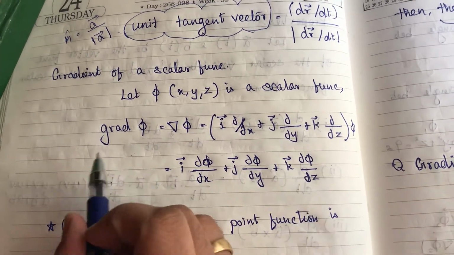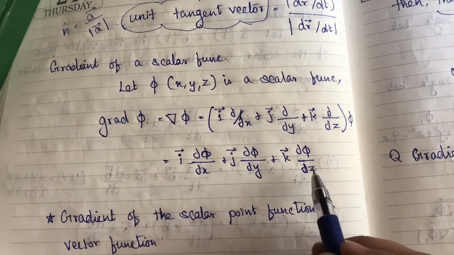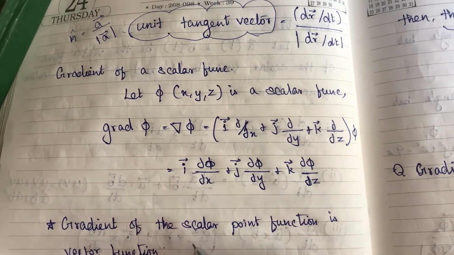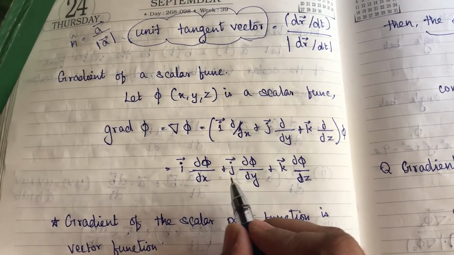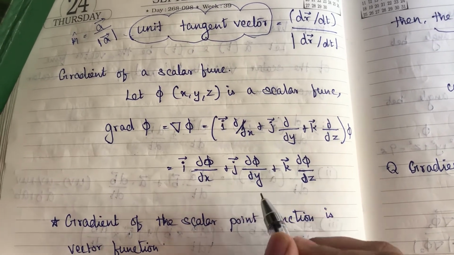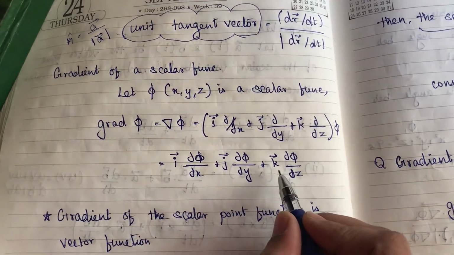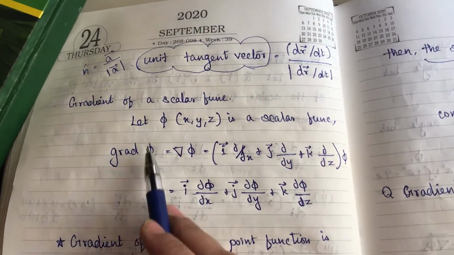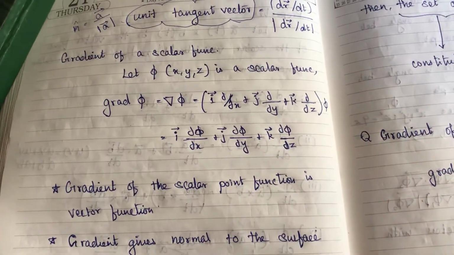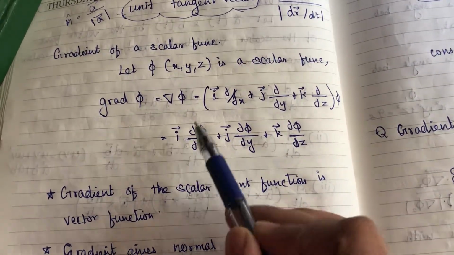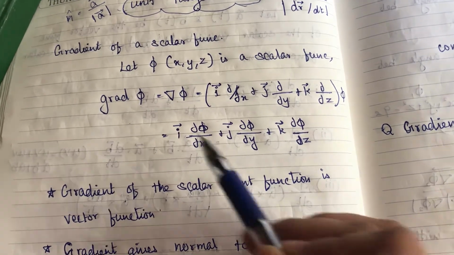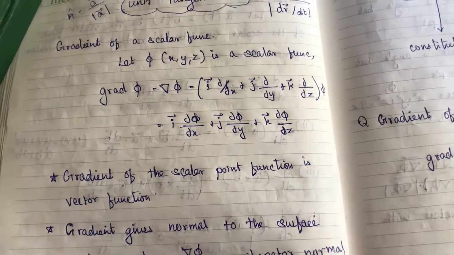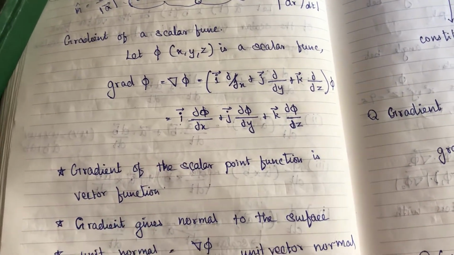So gradient of pi is i vector into dou pi by dou x plus j into dou pi by dou y, plus k vector into dou pi by dou z. This is the gradient of any function. We differentiate with respect to x, y, z, and we should include these vectors also.